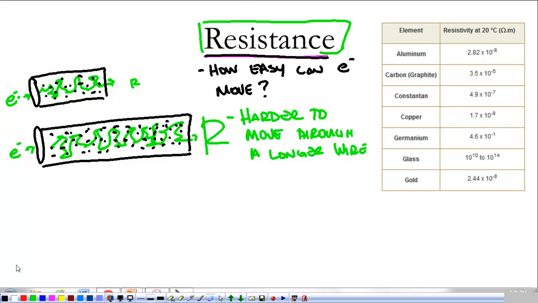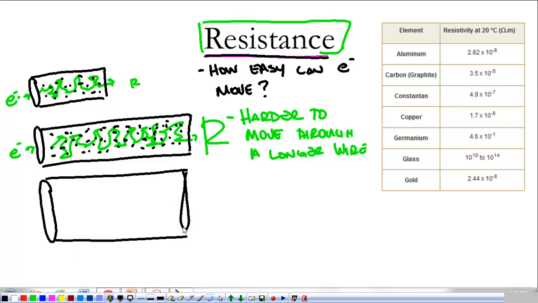And then we're going to look at something that has a much larger area. Now, let's say this has this area much bigger around than this wire. Let's say I'm trying to push a whole lot of charge through each one of these. Guess what?